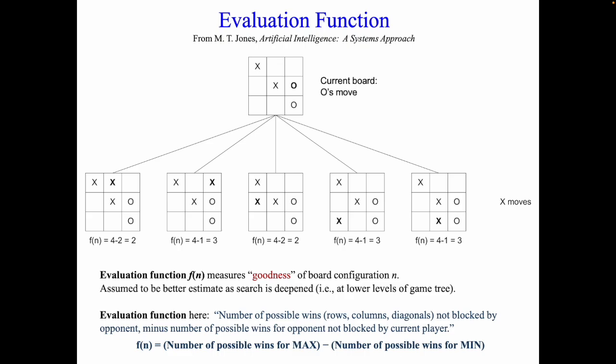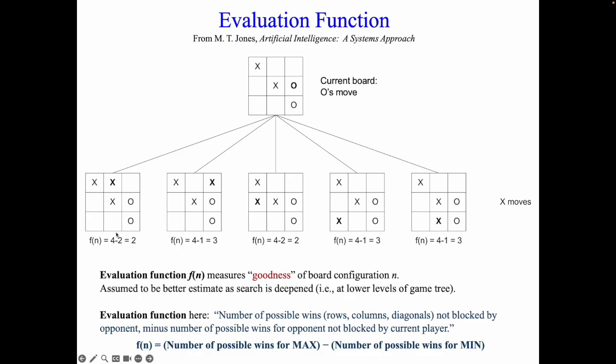The third row can win, right? We can have all O here and O can win. Now look at the columns. How many possibilities in these 3 columns do we have for O winning the game? 1 possibility, right? So 1, 1, 2 so far. And in terms of diagonal, because we have X here and also X blocked here, there is no chance for O winning diagonally, right? So the total number of wins for O here is 2, and therefore your f of n, or your evaluation function, returns 2 for this state.